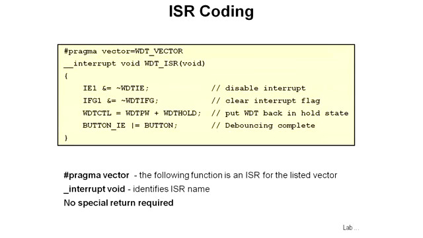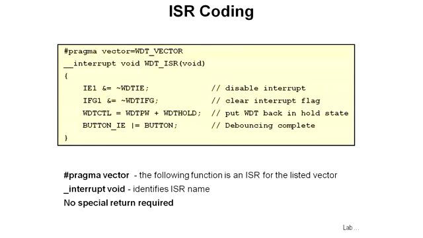This pound pragma up at the top identifies this function as the interrupt service routine for the listed vector, WDT underscore vector. If you go back to the previous slide, you'll see that the watchdog timer vector is at that exact address.